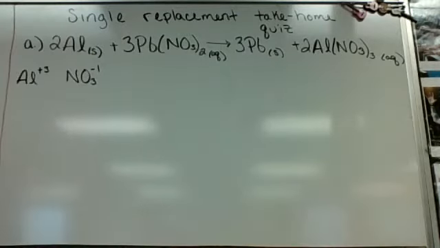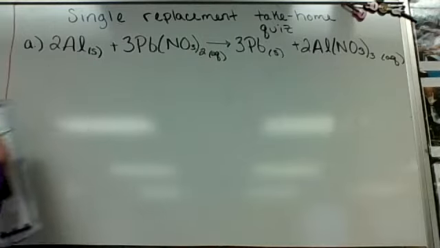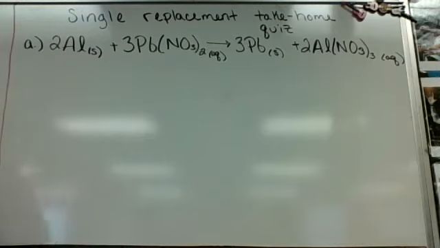And you get 2Al + 3Pb(NO3)2 aqueous yields 3Pb solid + 2Al(NO3)3 aqueous. Any questions over that one?